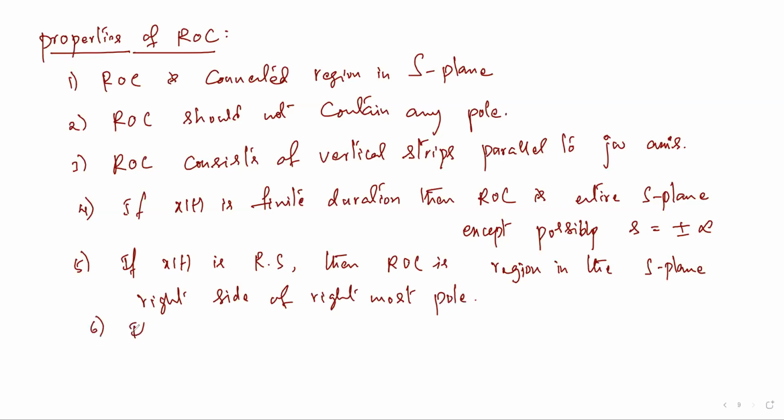Similarly, if x of t is a left-sided signal, then ROC is the region in S-plane to the left side of the leftmost pole.